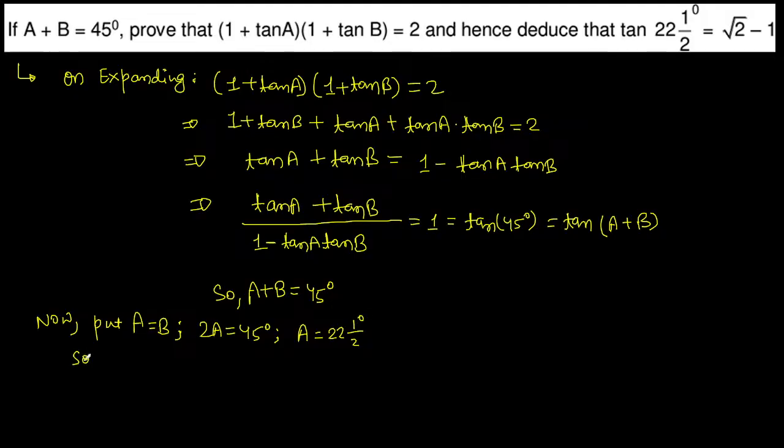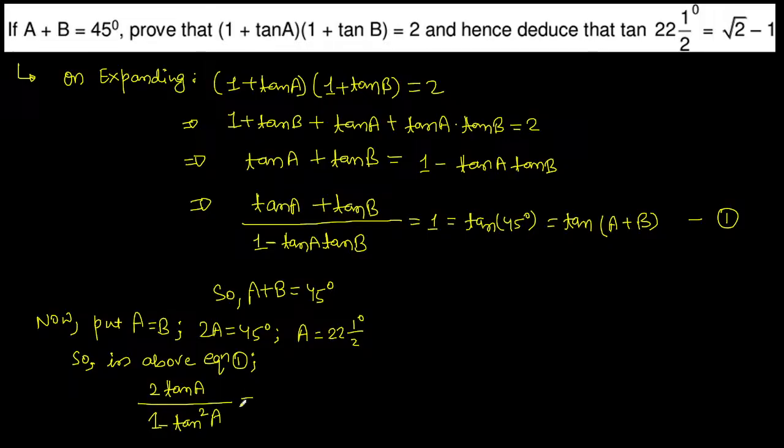So in the above equation 1, we get 2 tan A upon 1 minus tan square A, which is 1.